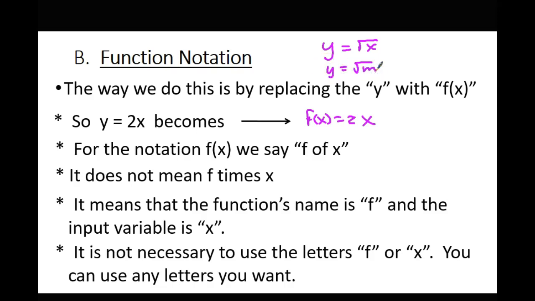Who cares what variable you use, right? And since we already know this is a function, I could replace that y with a g if I wanted to and say g of m is equal to the square root of m. It still means this is a function whose name is g, and we're plugging numbers in for m. That's what that means.